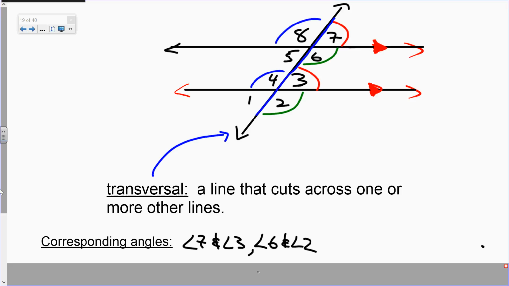So we're going to write angle 8 and angle 4. Last but not least, angle 5 and angle 1 are also corresponding. I'm going to put that also. Angle 5 and angle 1.